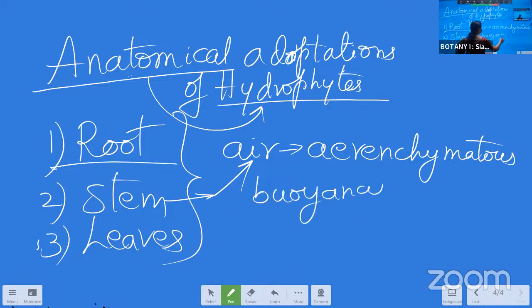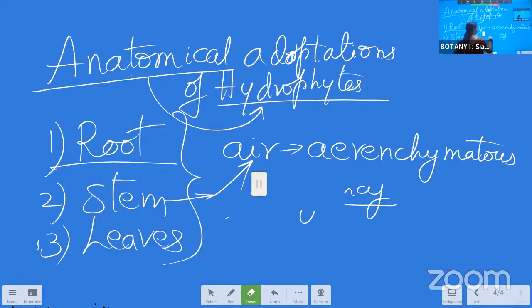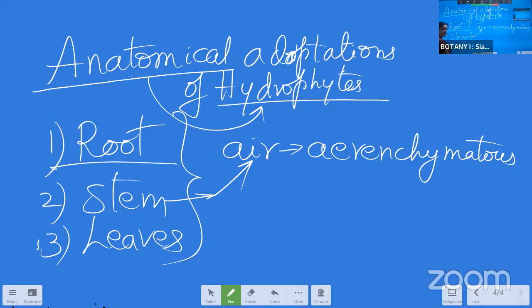Buoyancy means freely floating on the water surface. So here, the parenchymatous tissue is filled in the cortex of the stem, and it will be helpful in the buoyancy of the plant body.